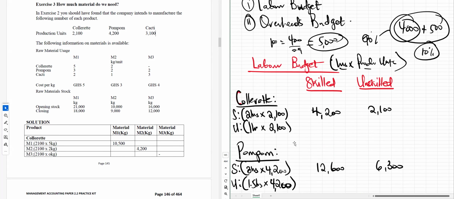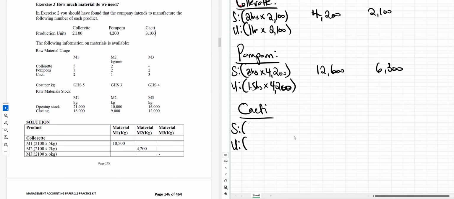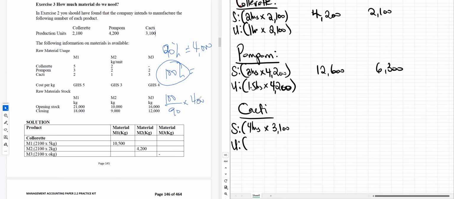Please, the grossing up. If we say grossing up, it means that if what is given is 90%, then 100% will be what? If 4,000 is 90%, then the 100% will be 100 out of 90 times 4,000.